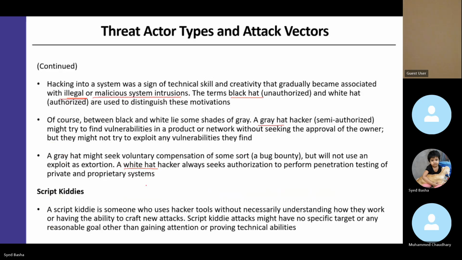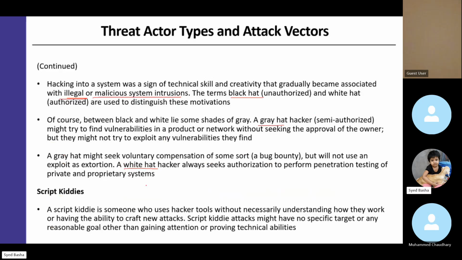Let's say you are in the UK. If you are a hacker, you pick up some IP address or some website and start collecting details about it, how to attack, and what kind of tools you need. This gathering of information is done by black hat hackers.